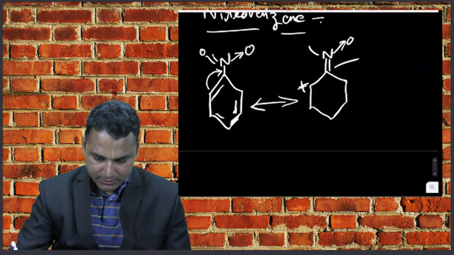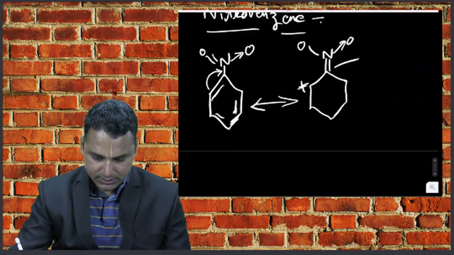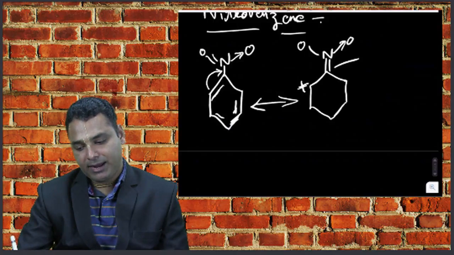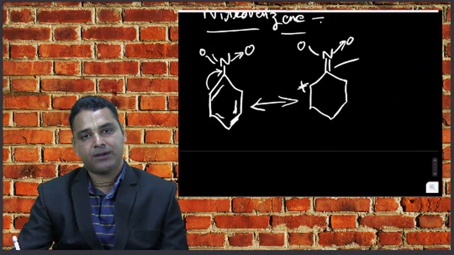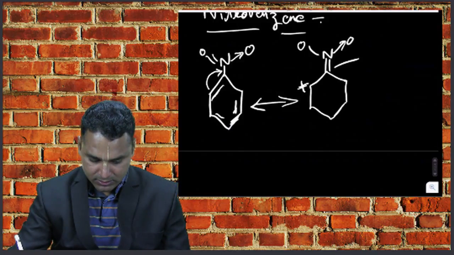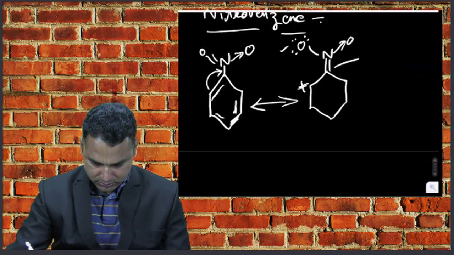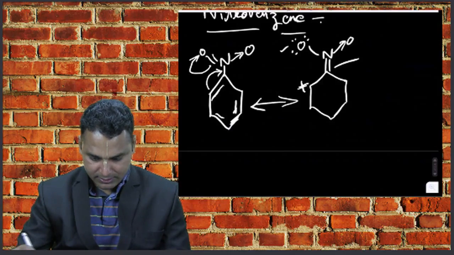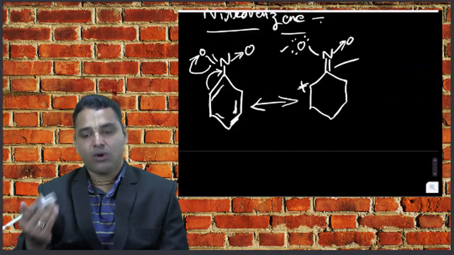But here, see, this double bond got broken, the bond between nitrogen and oxygen in the case of the nitro group. Now these lone pair of electrons mean negative. So this double bond got shifted from here to here, like it has donated its electrons to oxygen.